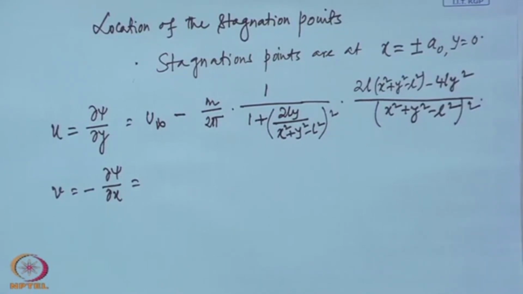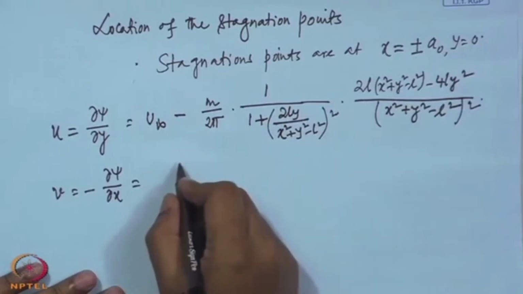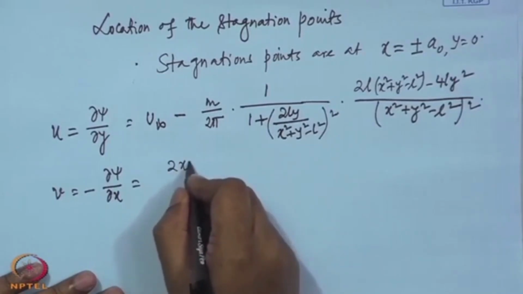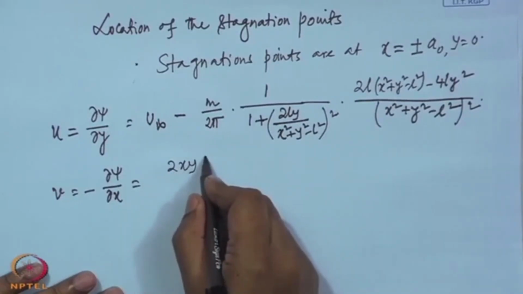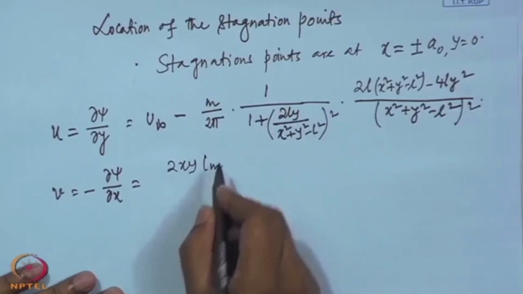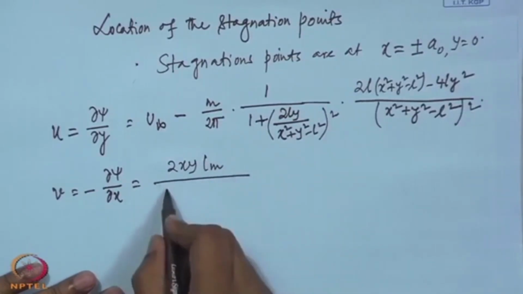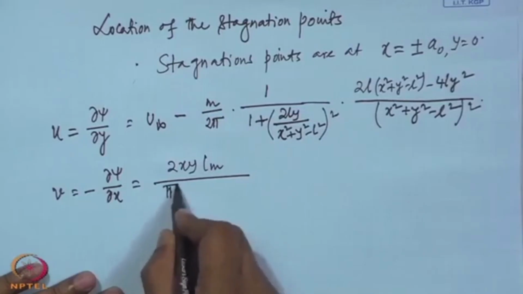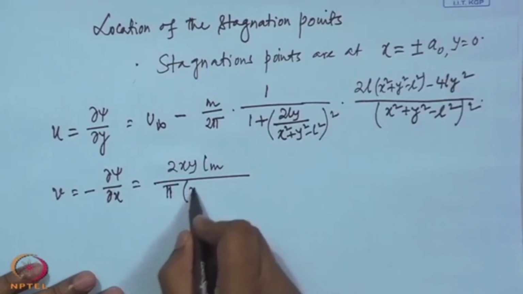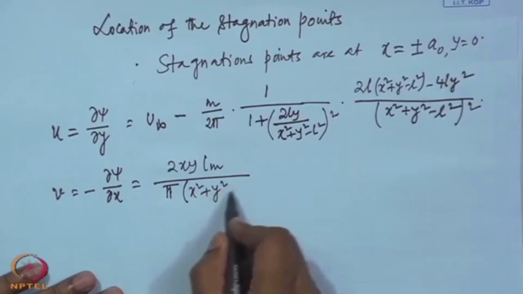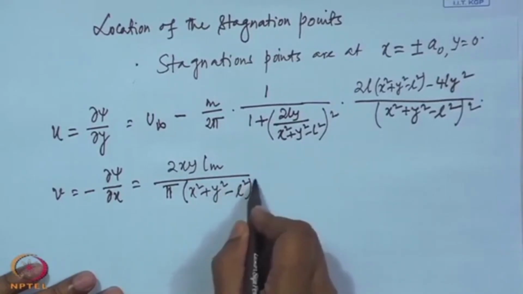Two x y ln, m upon pi, in the brackets x square plus y square minus l square whole square plus 4.